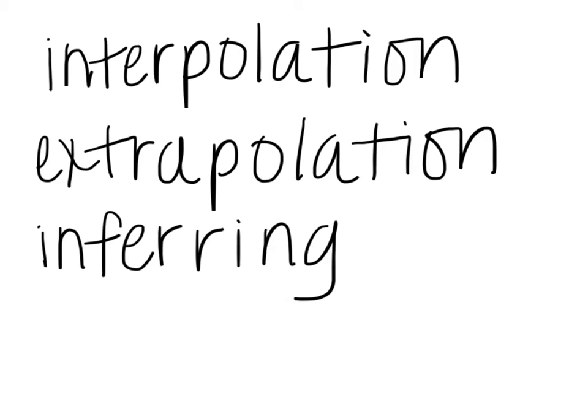And to wrap things up, we will just take a quick review of our vocabulary. If we break this up here, inter would mean between. That's from Latin, like an interstate, takes you between states. And you can kind of see here pole or polar, and that means point.